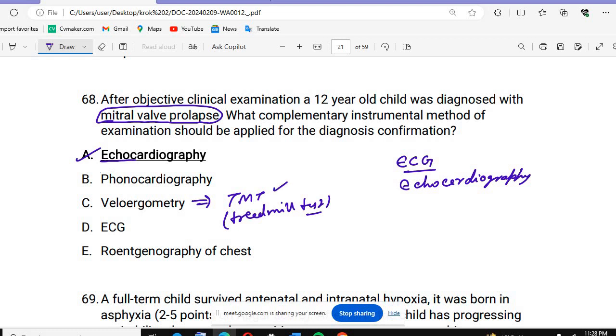So here the simple point is that if any cardiac abnormality is there, for diagnosis we first do echocardiography.